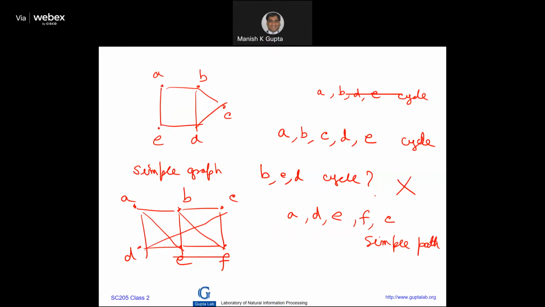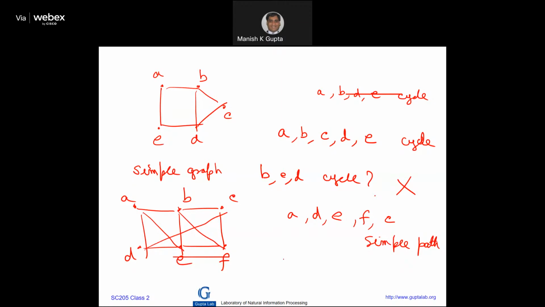A, D, E, F, C. It's a path. It's not a cycle because it's not including everything, right? It is just a portion of a cycle, and a portion of a cycle is actually a path, right, of a certain length. How many edges are there? You can count. Or how many vertices are there?